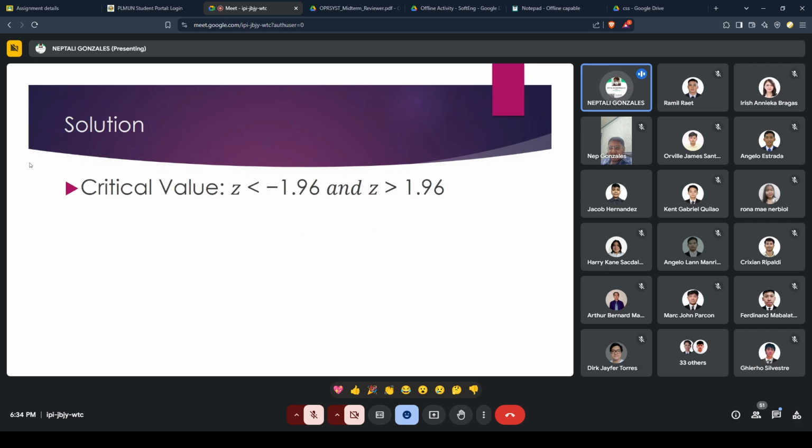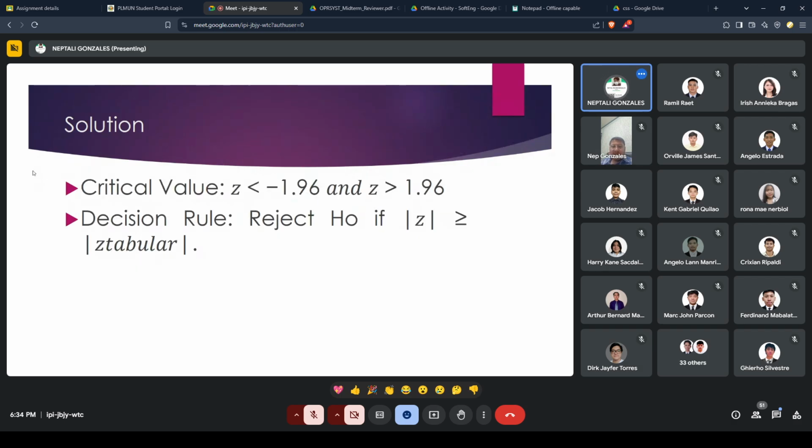Next is the decision rule. We will reject the null hypothesis if the absolute value of the computed Z value is greater than or equal to the tabular value, which is 1.96.